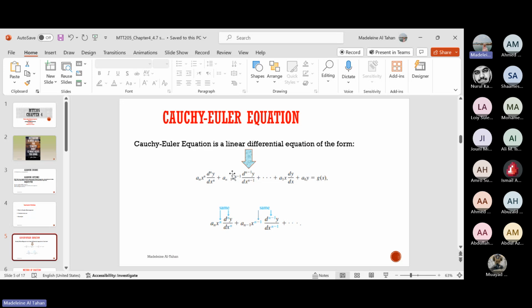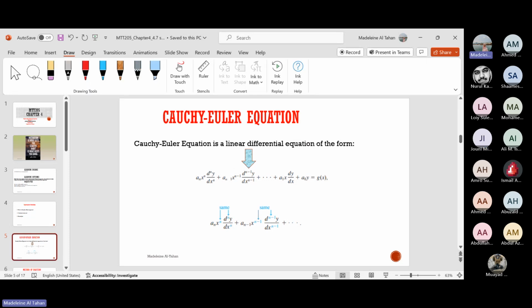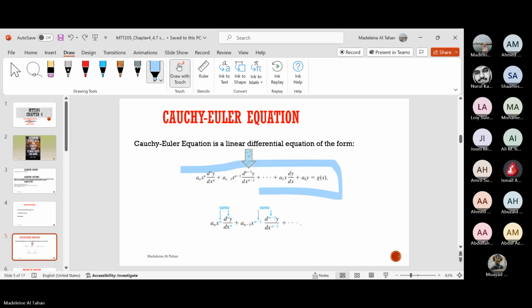Let's look at this one. Is the slide clear, miss? I mean, is it shown to you? Yes. I will highlight what we want. This one, miss. Okay, take a screenshot of it and check if you observed something.